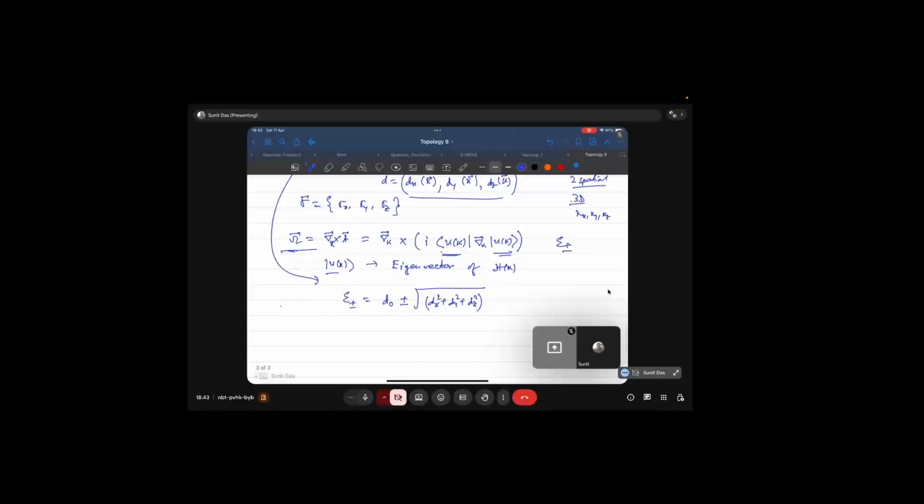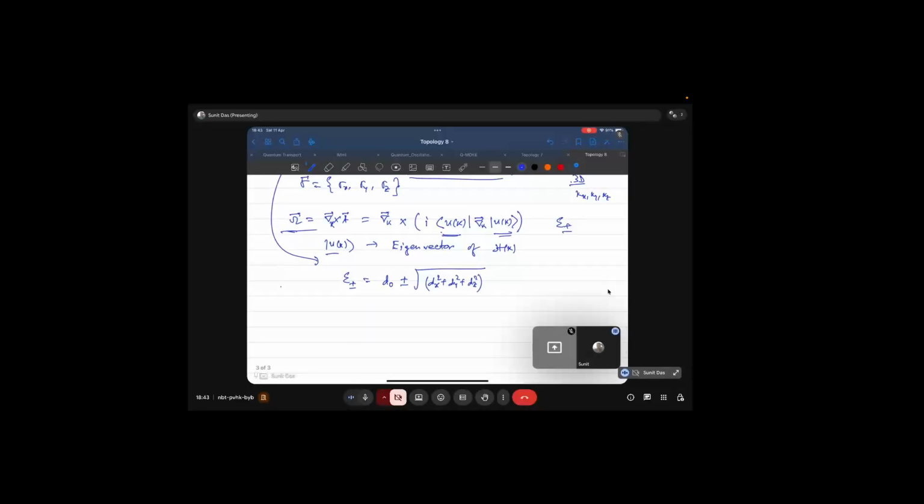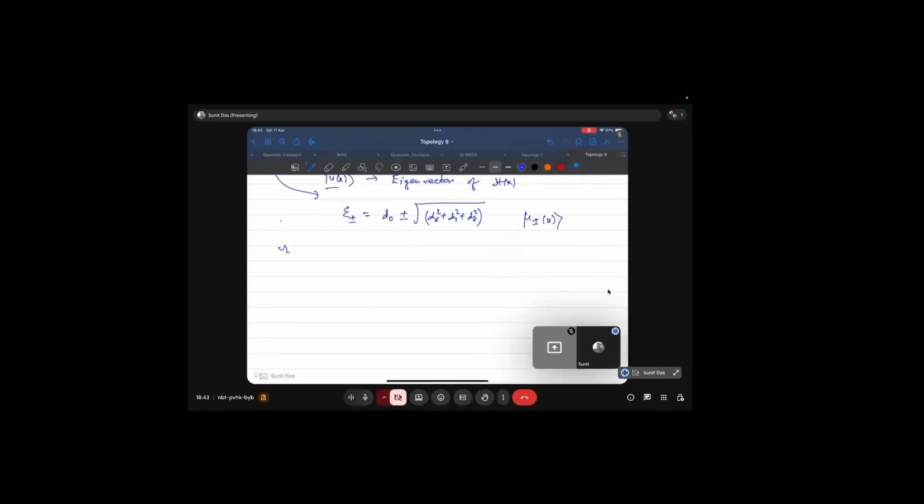So for these two energies, correspondingly, you will get u plus minus of k, and with this, you will have two Berry curvatures as well, omega plus minus of k, let's say.